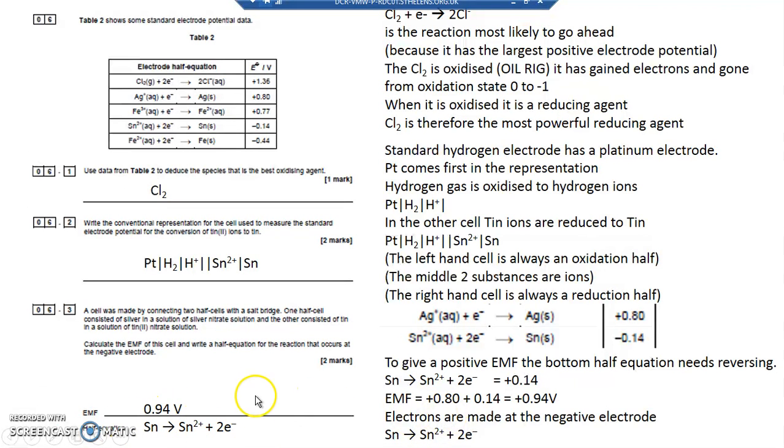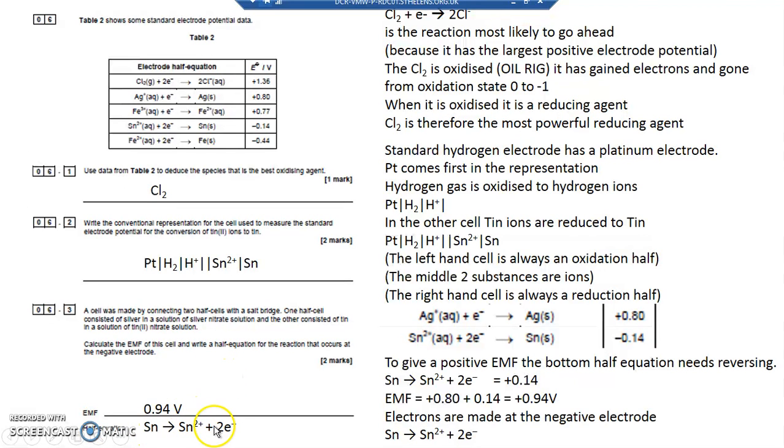And that's my half equation. It occurs at the negative electrode. I know this equation occurs at the negative electrode because electrons are made at the negative electrode. Electrons are minuses. That's why the electrode is negative, because electrons are made there. So it's the oxidation half equation, where it's making electrons.